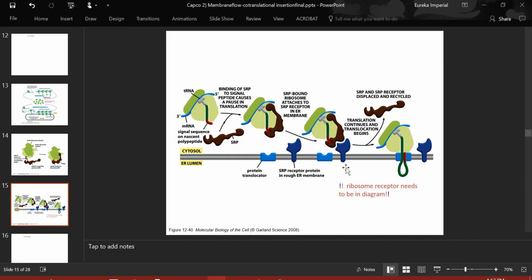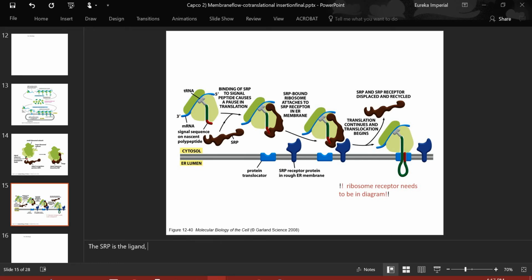At this point, it finds this thing. This thing is the SRP receptor. That's the SRP. I'm going to say this probably 1,000 times during the remainder of the semester. When the SRP is the ligand in this case, the SRP receptor is a receptor. Whenever a ligand binds to a receptor, there's a conformational change.